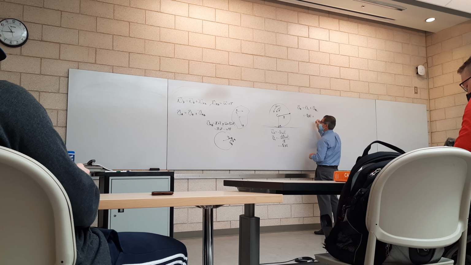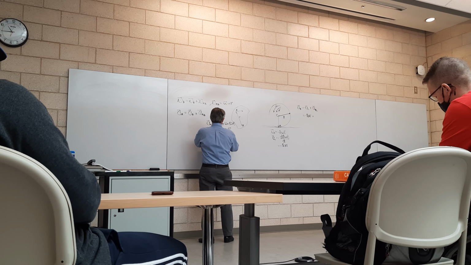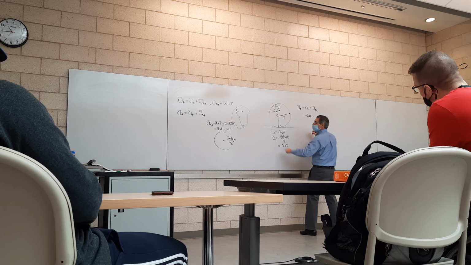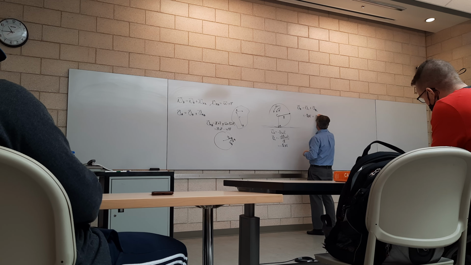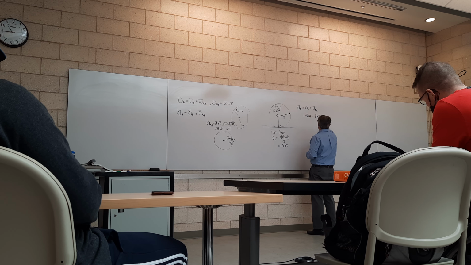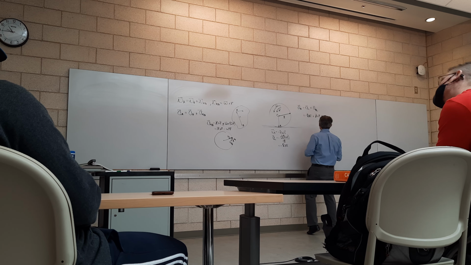And this one here, we're going to replace all of this stuff here. So we've got alpha cross r minus omega squared times r.